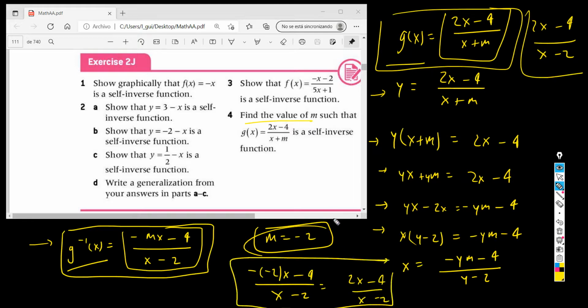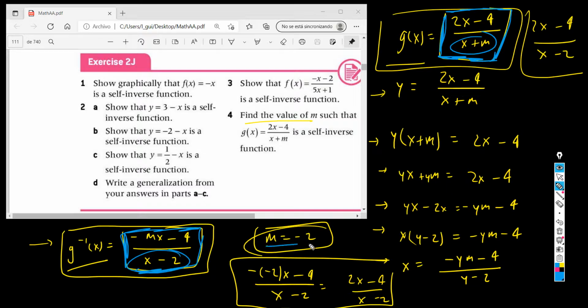You see? So basically, I need to make this thing exactly the same as this thing by choosing a proper value of m. And by looking at the denominators, x minus 2 and x plus m, I get the clue that m should be minus 2, so that the denominators are the same, right?